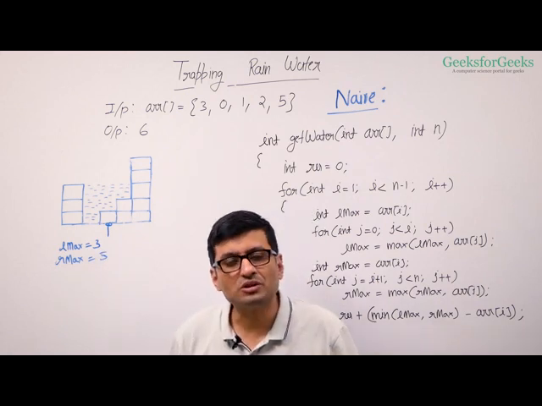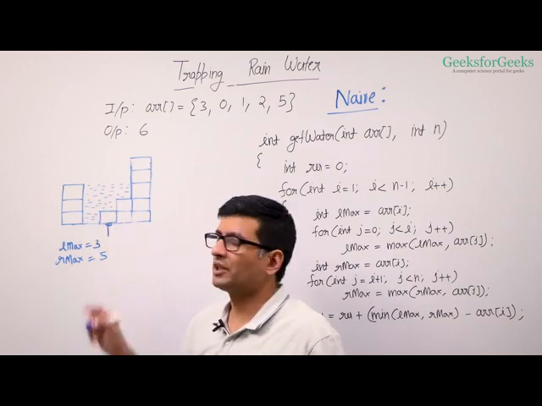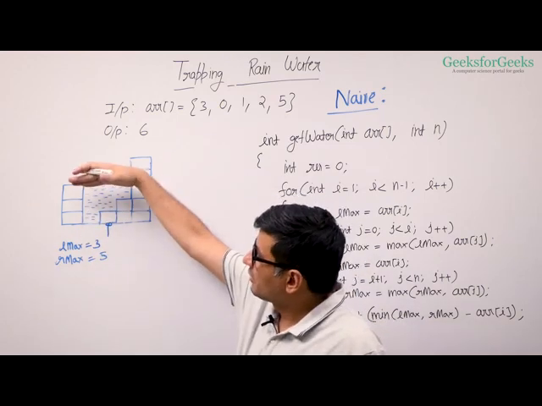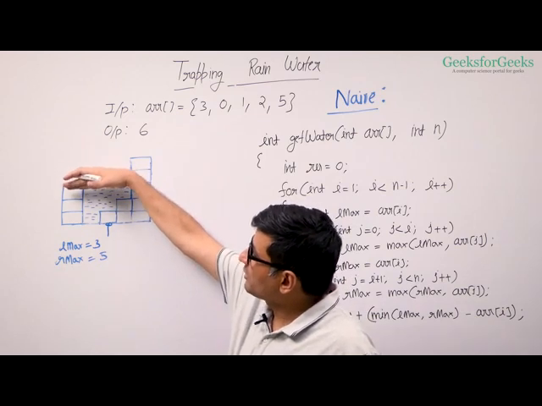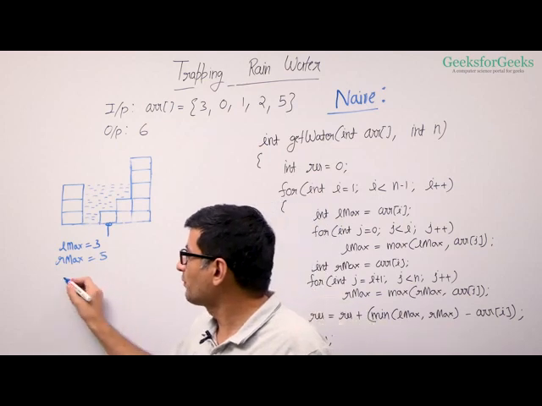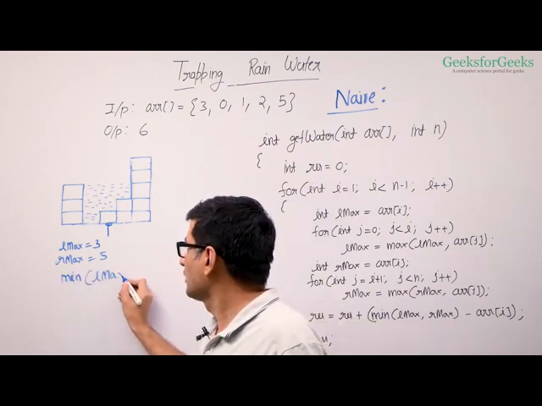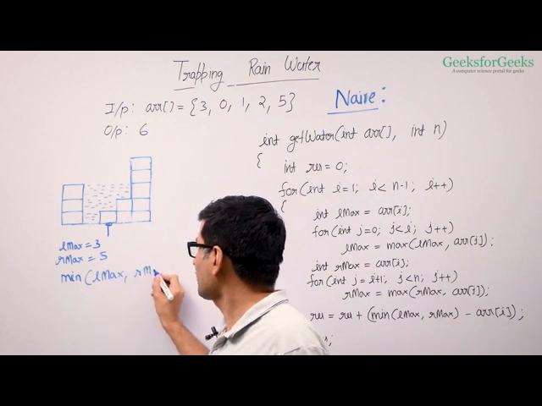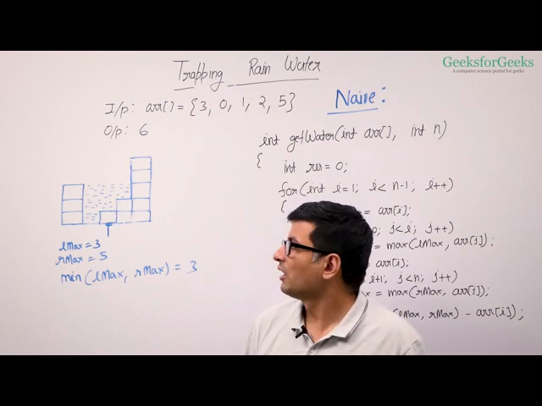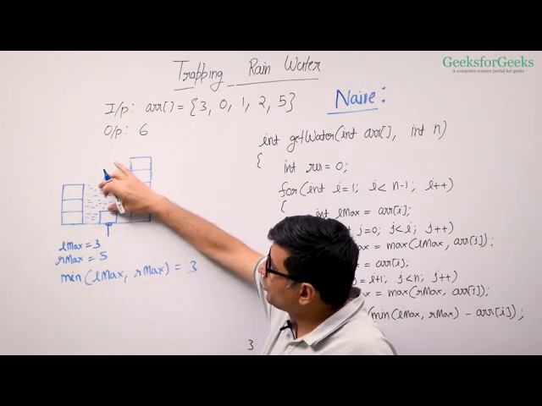Now how do we use these R max and L max to find the amount of water that we can store here? You can store water which is the minimum of L max and R max, right? So the minimum of L max and R max is 3. Now can you store 3 units of water? No. You can store only 2 units of water.